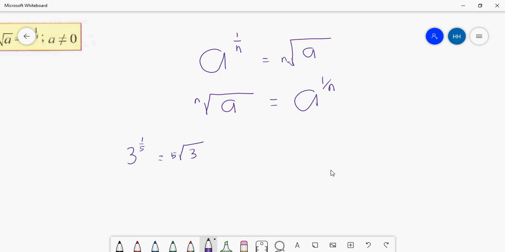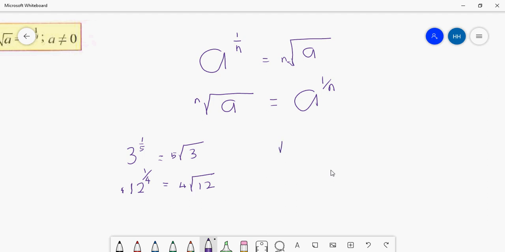When you have 12 to the power of, let's say, 1 over 4, this can be written as 4 root 12. Sorry, 12 to the power of 1 over 4. Sorry. Next example.